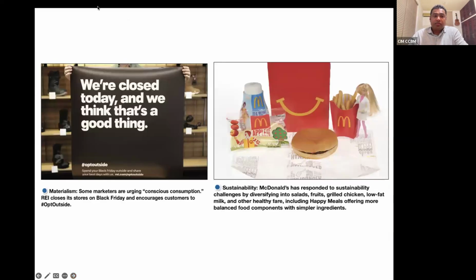So when we talk about sustainability, again, I spoke about McDonald's, how they're moving their entire recipe, right? How their kids' meals are offering balanced food components and ingredients, right? And then you have this concept of materialism. Some marketers are urging conscious consumption, right?